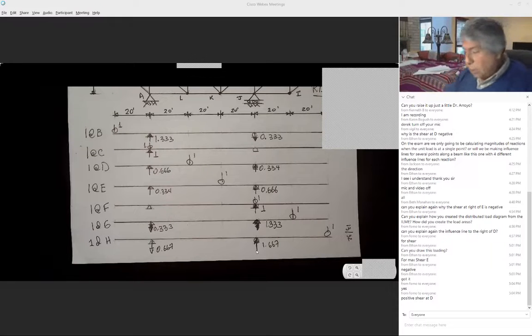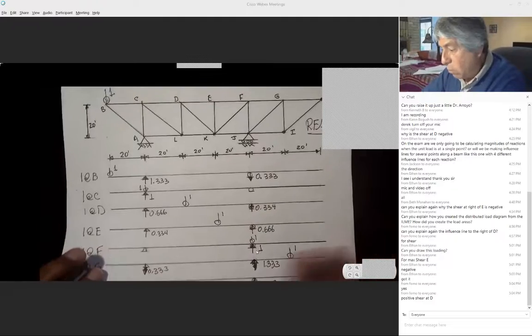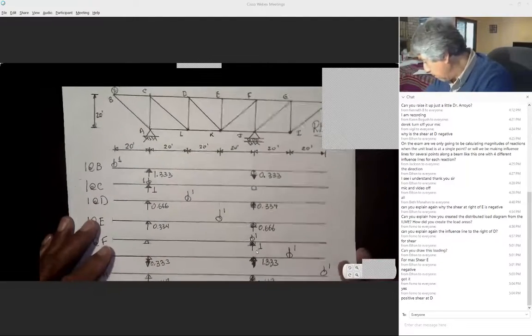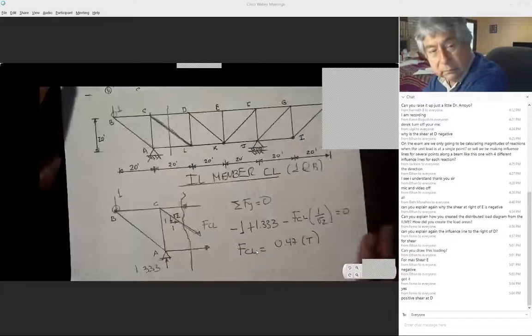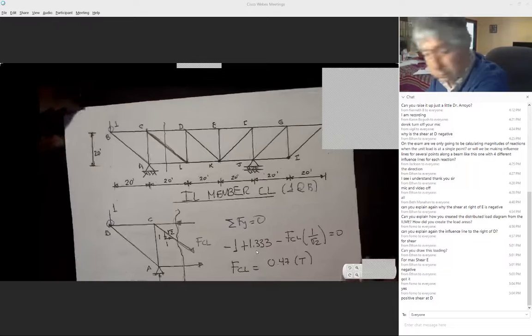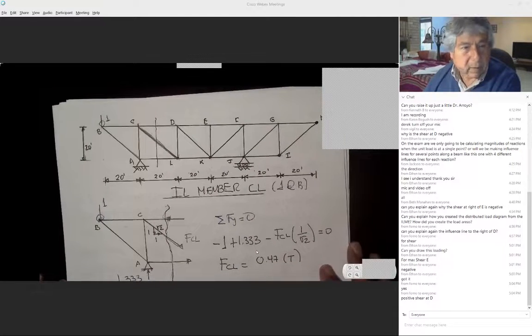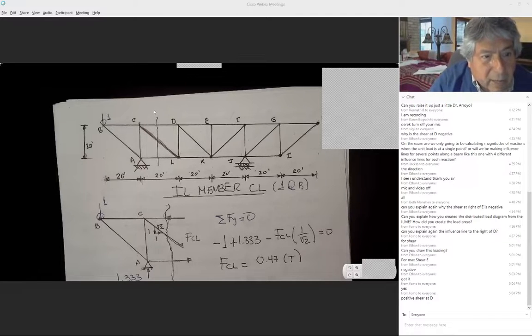So when we have computed all of these reactions, we look at the truss. They're asking me to find what happened with this member. So I'm taking this free body.